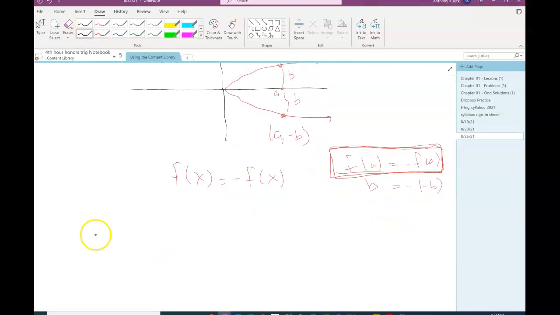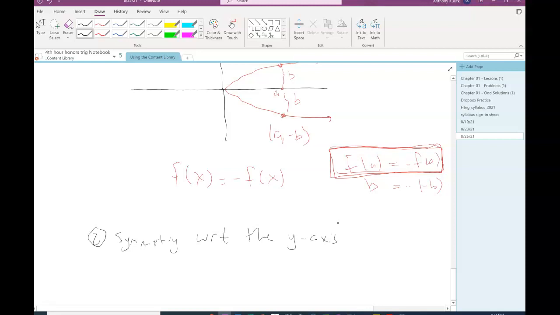The next one is symmetry with respect to the y-axis. Is that a 1 or is that supposed to be a parenthesis?